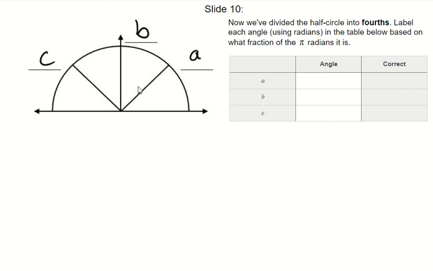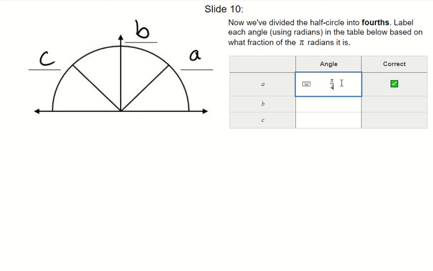So slide 10, now we're dividing up into fourths. So that means this middle line is part of the division, right? We have 4 equal sized parts. So at A, let's think about it. We're looking in radians this time. Okay, so if this is pi radians, then A is just going to be 1/4 of pi, or pi over 4.